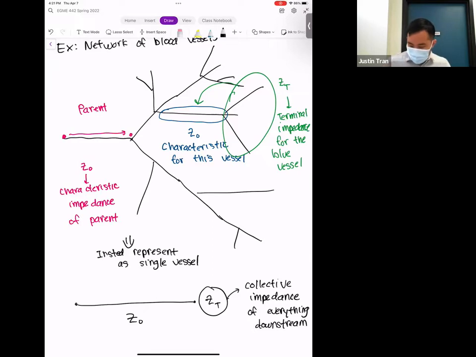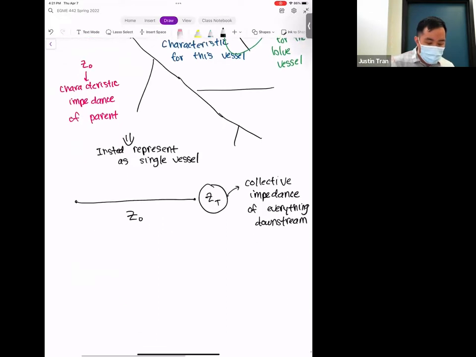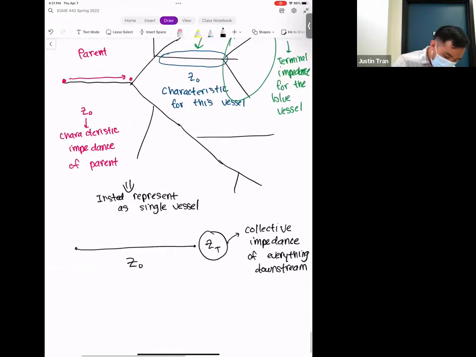Okay. All right, so let's introduce another definition, but this one's interesting, I think. Okay. And so let's talk about pressure wave reflection. Okay. And the way that we're going to characterize reflection is through this thing called the reflection coefficient.